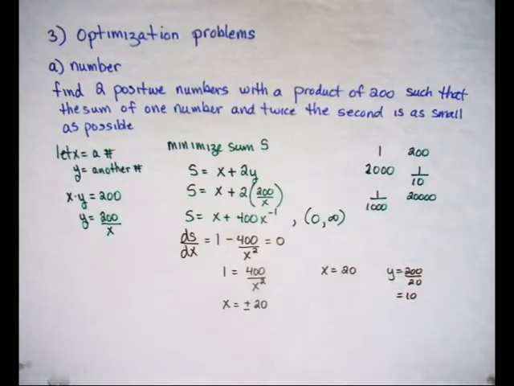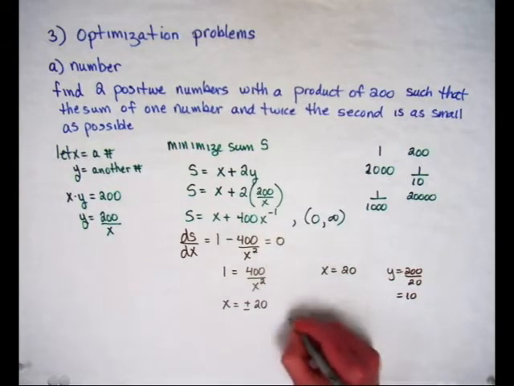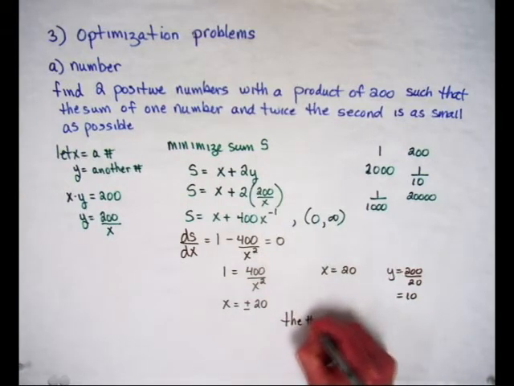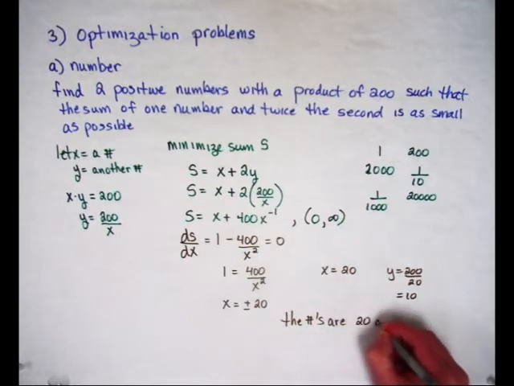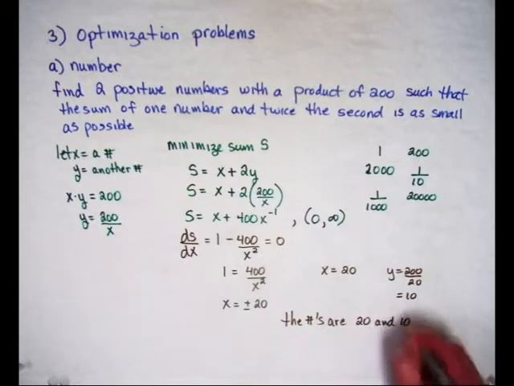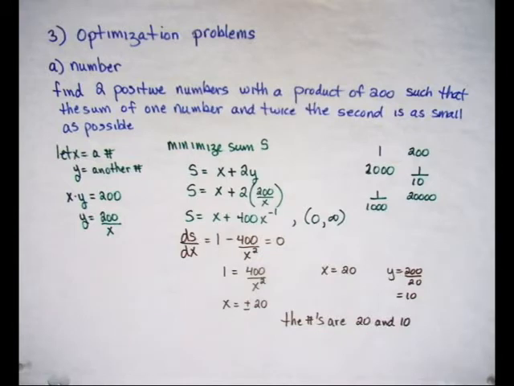So the question wanted us to find two positive numbers. So the numbers are 20 and 10. Now the question didn't ask us for the maximum sum, so we don't have to actually find that, but we just need to identify the two numbers.